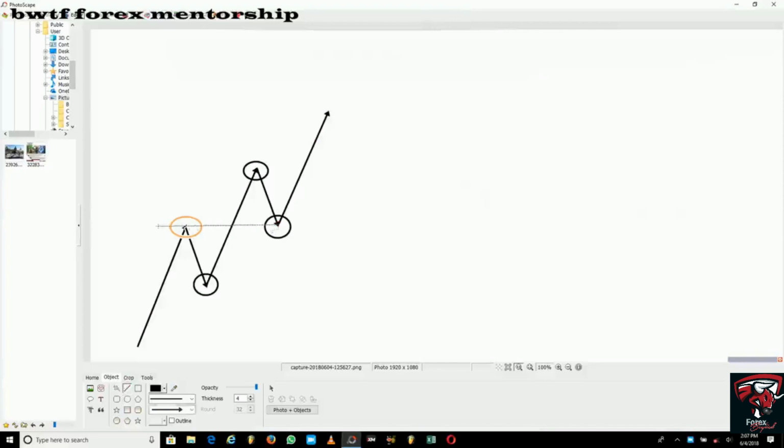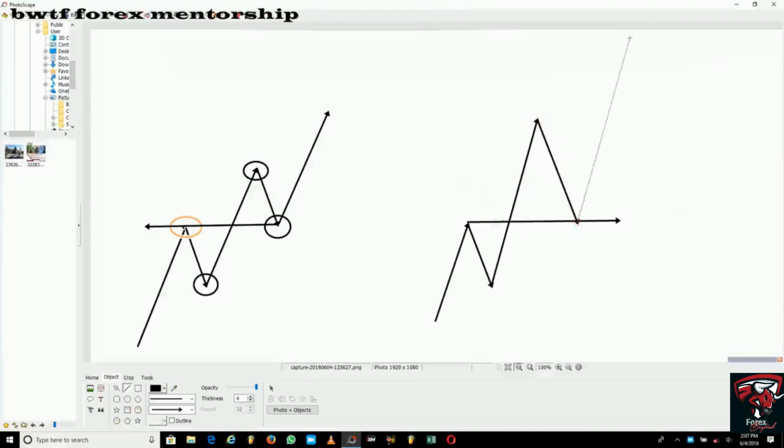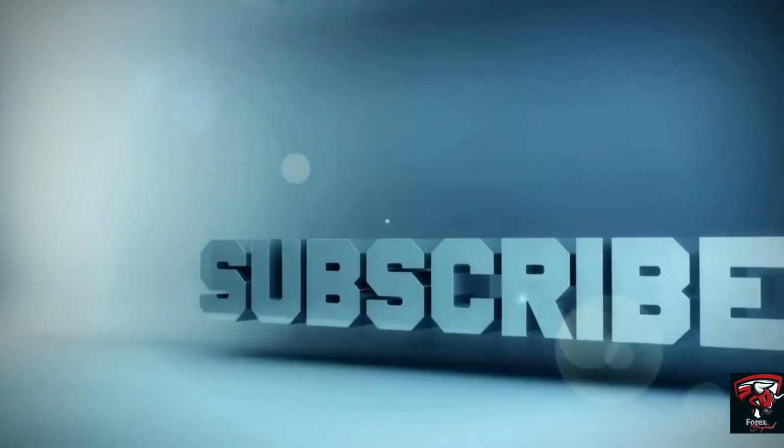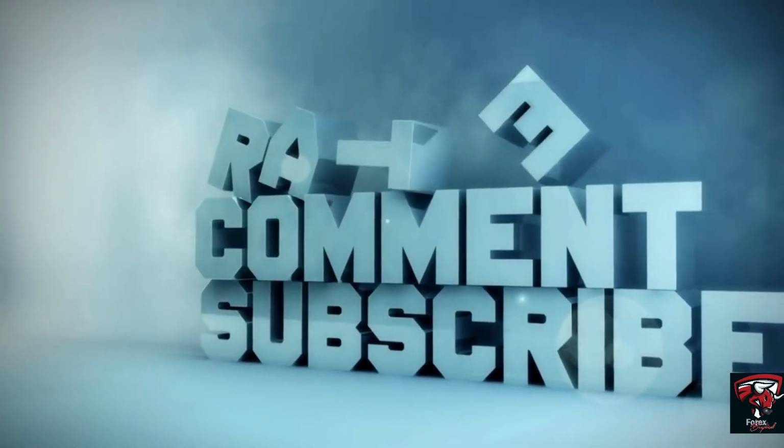this is against previous structure. You understand? What happens is the market goes up, and then when it goes down and then goes higher, when it comes back to previous structure. And then if the market goes higher, when it comes back to previous structure.